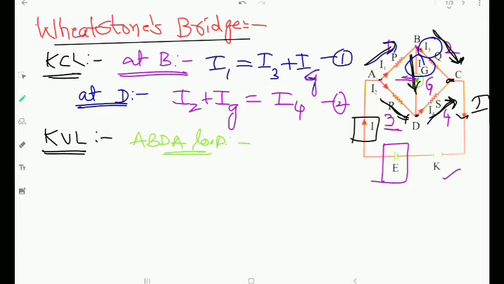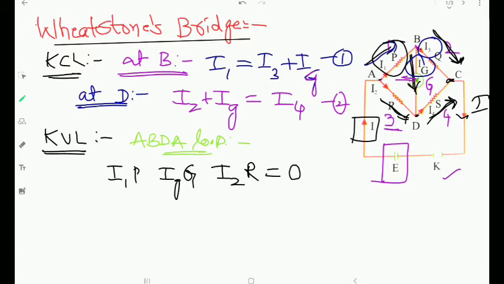So A to B, the potential difference is I1P, and B to D is IGG, and D to A is I2R, and the sum is equal to 0.